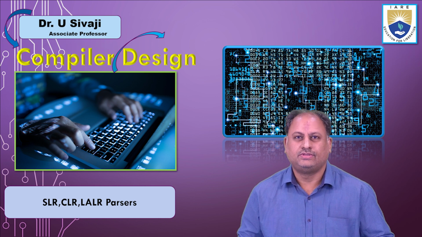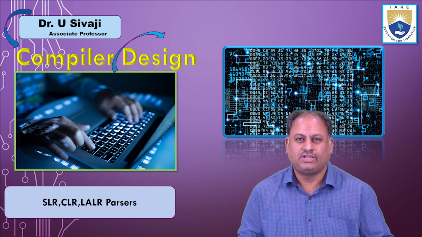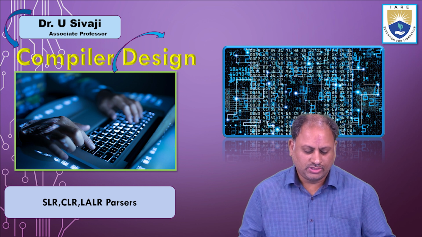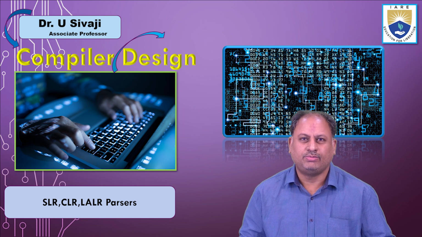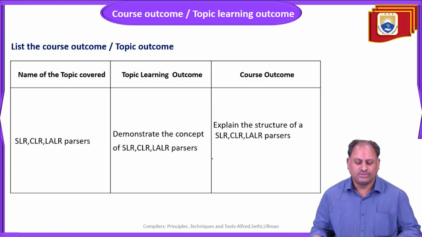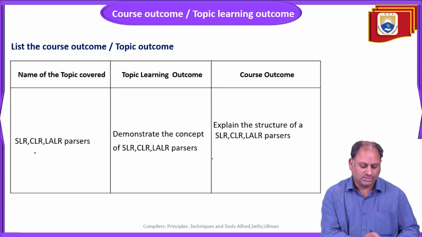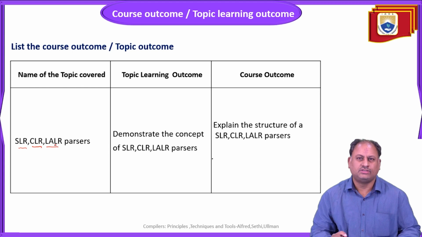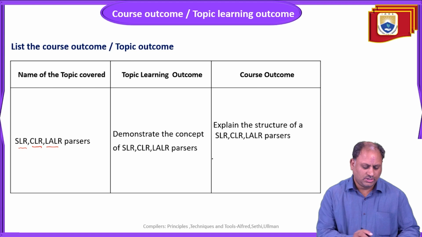Today, in the compiler design subject, previously we discussed several topics, and in continuation, we are going to give a brief overview of parsers such as SLR, CLR, LALR. SLR means simple LR parser.